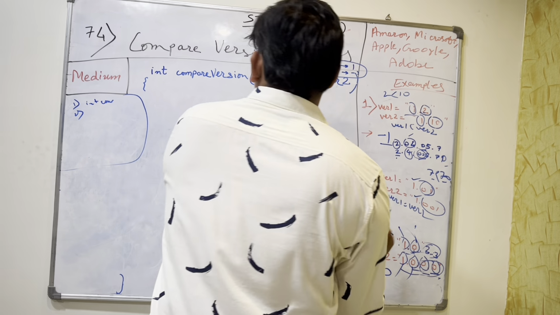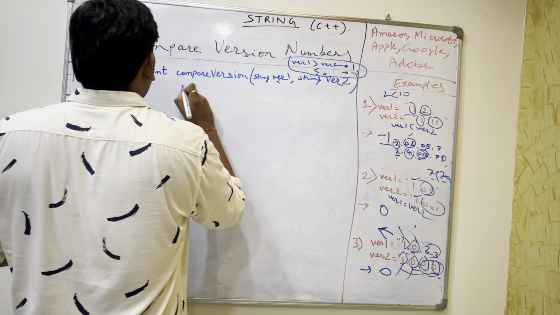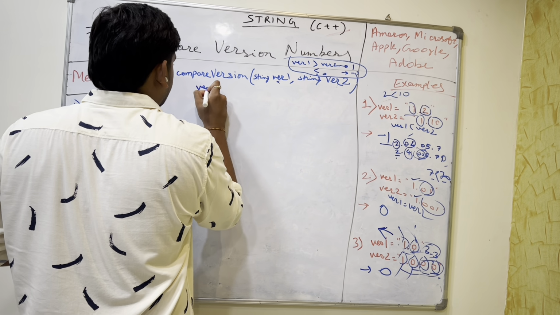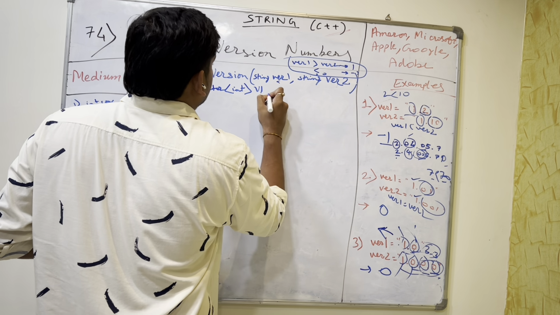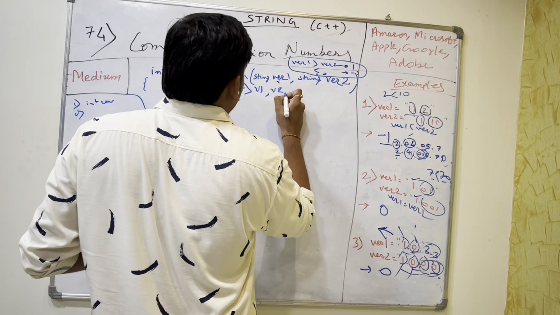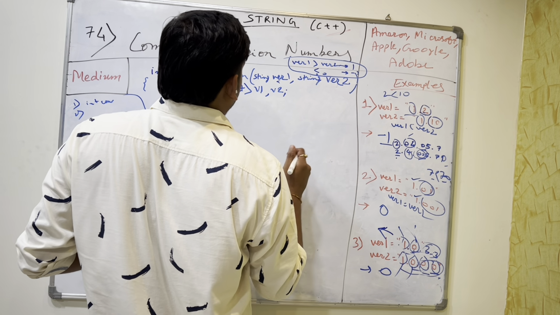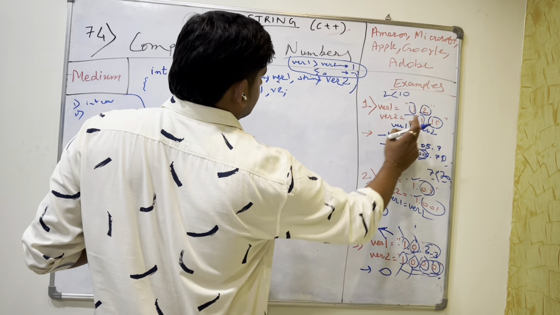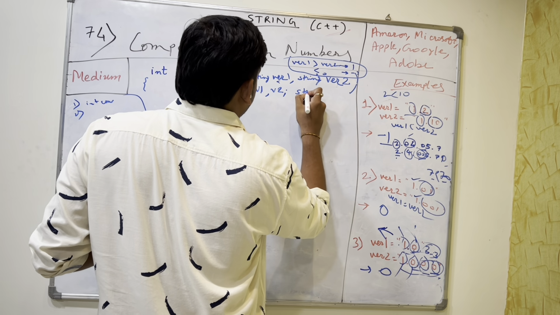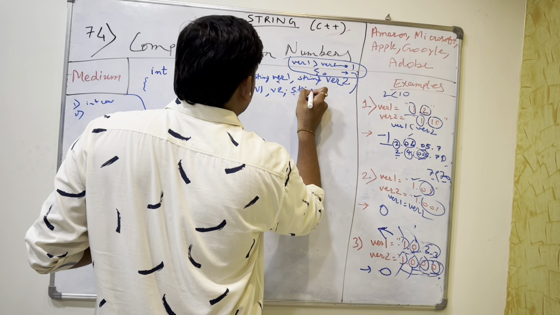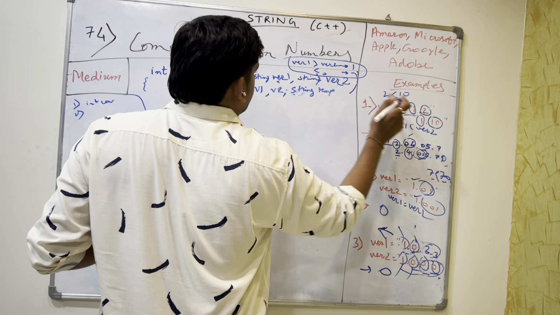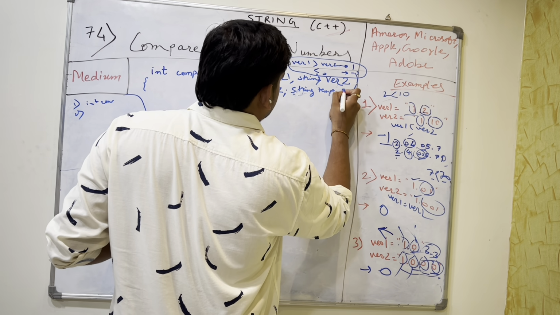Okay, so let's code it directly. So what we have discussed, we will take a vector of int v1, v2, okay, and then we will take a string temp, empty string, okay, string temp, to store these continuous values, right?